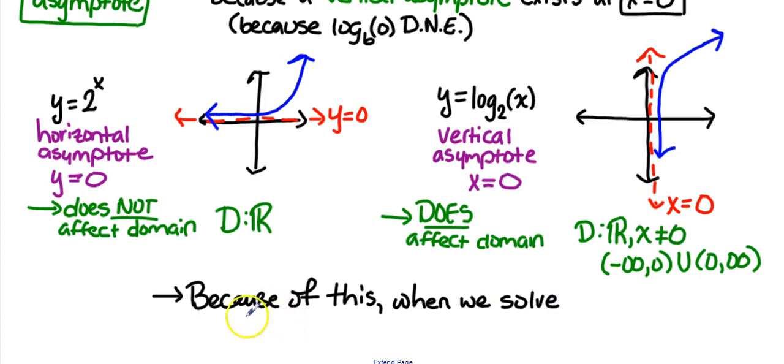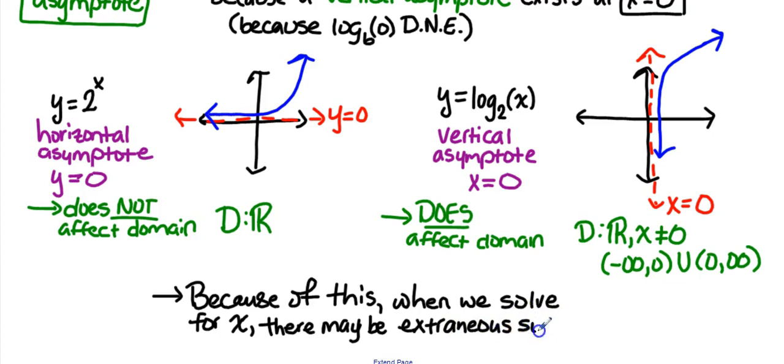so because of this, when we solve, remember I just mentioned it's going to affect our process at the end. We'll write it first and then see what it looks like when we do some examples. There may be extraneous solutions. If you have your highlighter and you want to highlight that vocab term right there, that would be good.